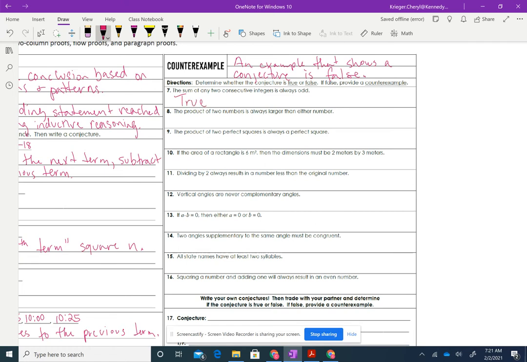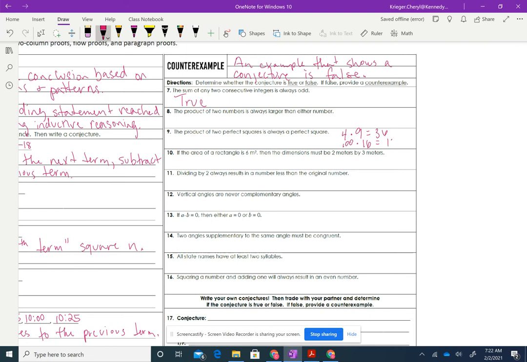Okay, number 9. The product of two perfect squares is always a perfect square. Okay, well, let's try it. Perfect squares. So that would be 2 squared is 4, 3 squared is 9, 4 times 9 is 36. Okay, let's try another one, just a random one. Let's do 10 squared is 100. Let's do an easy one. Let's do 4 squared.